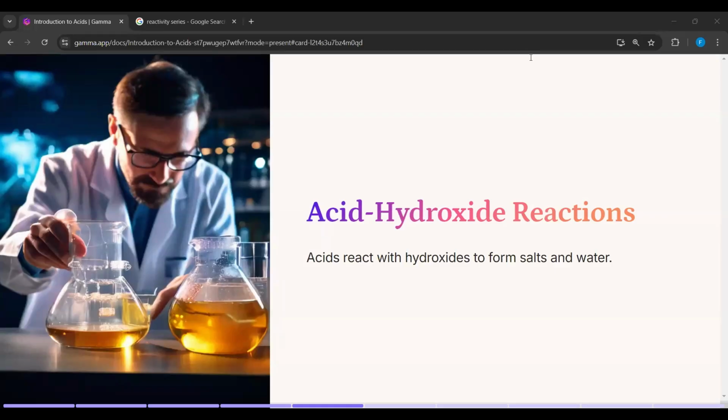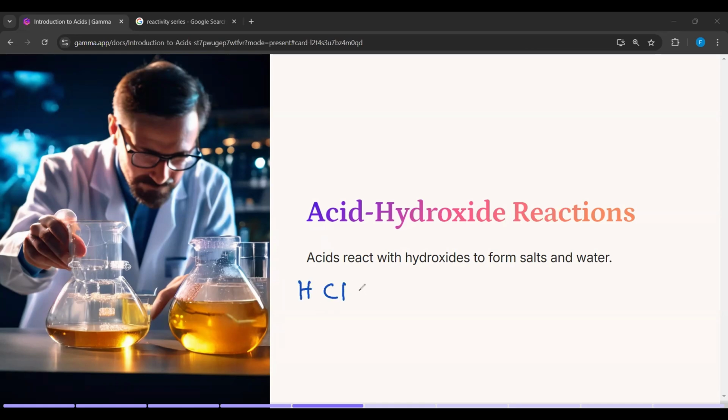So acids, when they react with hydroxides, they form salt and water. So remember this, the salt that is going to be formed, again, depends on the acid that we are going to use. For example, let's say HCl.